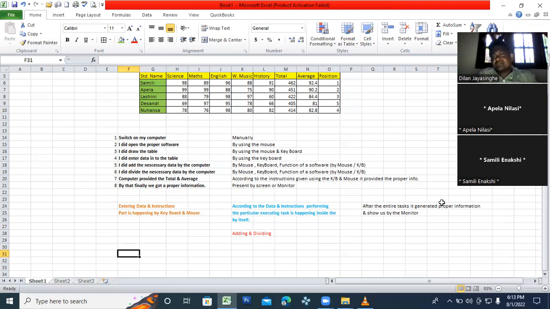Then before the class, write down the working process of the computer, and what the related equipment is for each part of this working process. Understood?